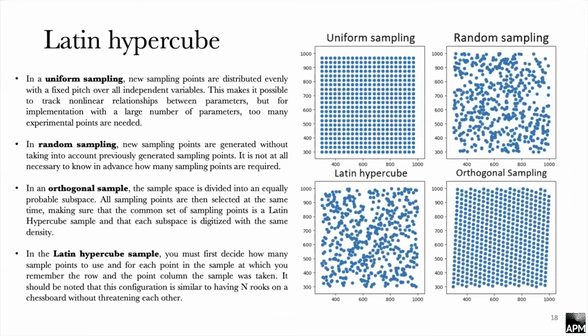And why is it so important? Because if we consider some other sampling methods, for example uniform sampling, we will have a problem with the number of needed cases. But the big advantage is that we can work with nonlinear relationships between the parameters.